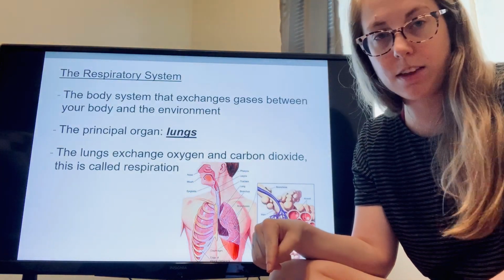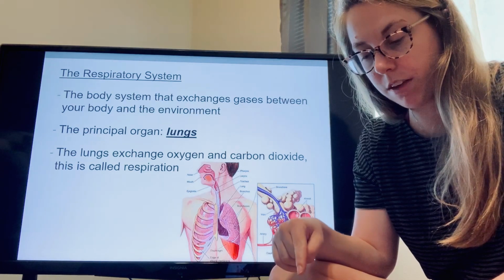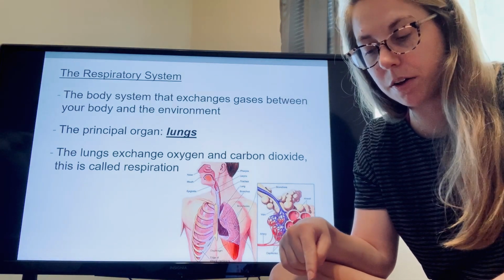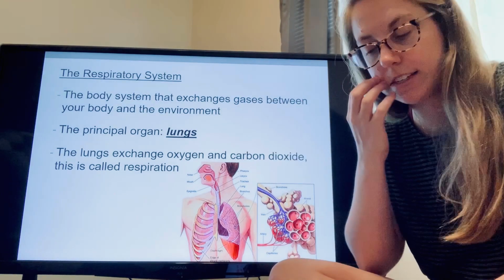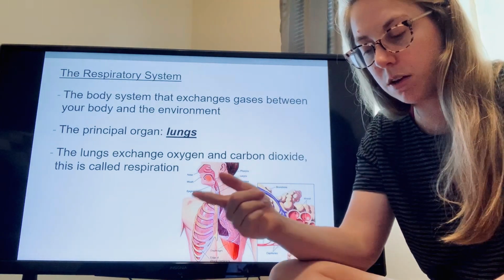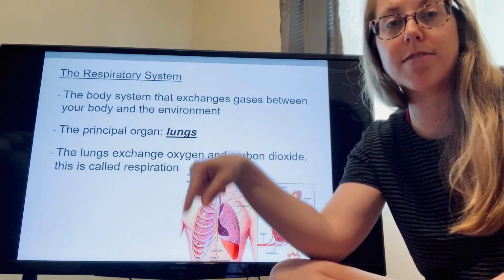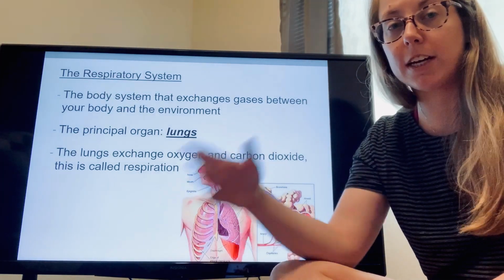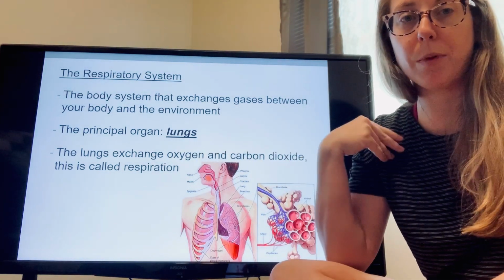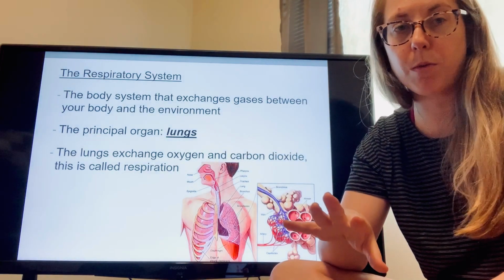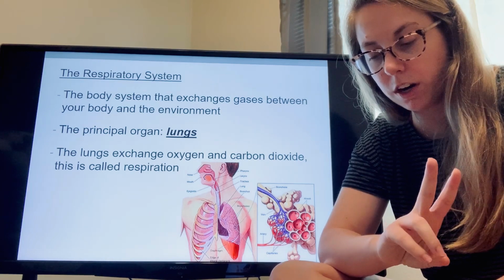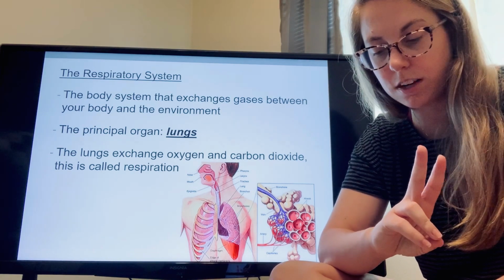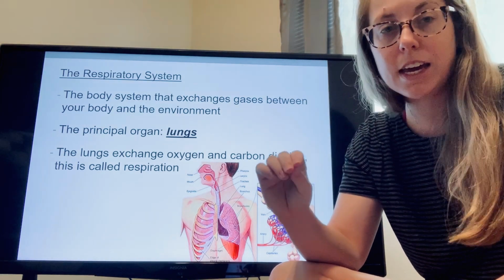The first thing that we want to look at as one of the functions is that the respiratory system is a system that exchanges gases between our body and our environment, where we're located. The second thing that we want to know is that the main organ is the lungs.